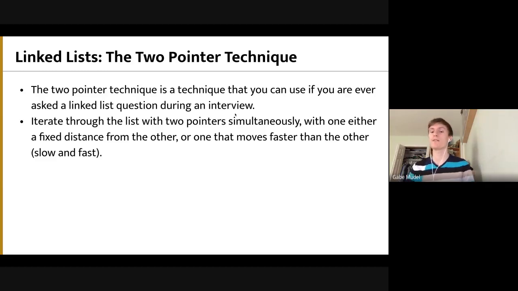Basically you have two pointers, and one is going to be k elements ahead of the other one. One of them is going to be at the beginning, the other one is going to be at the beginning plus k, and then we keep going forward until the fast node, the one that had a head start, gets to the end.